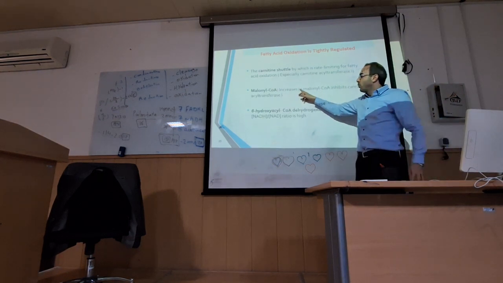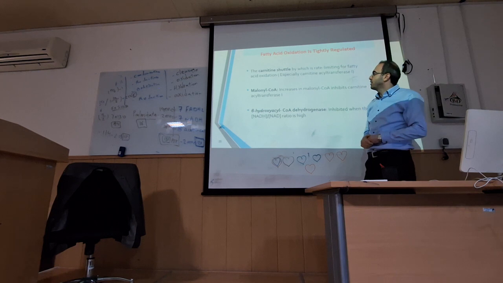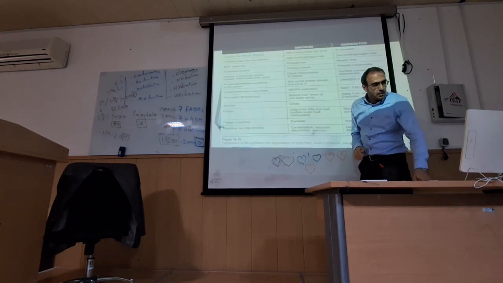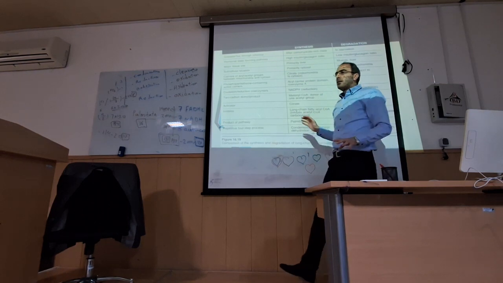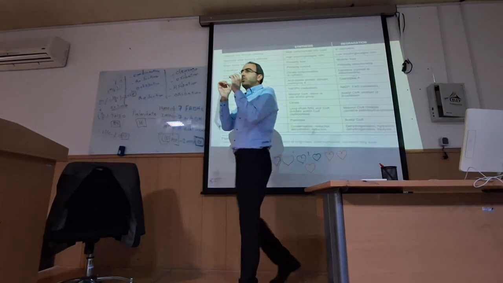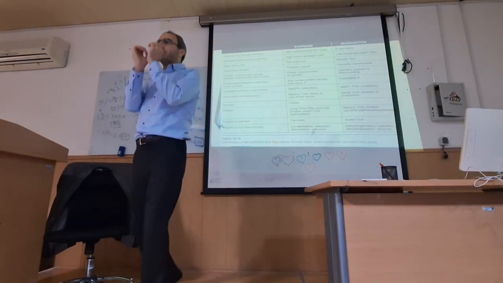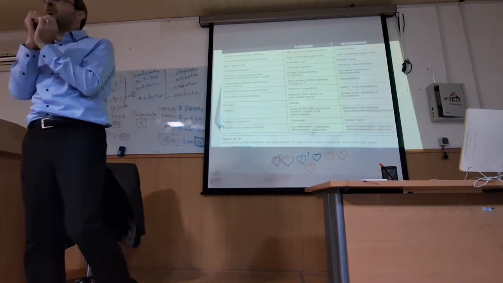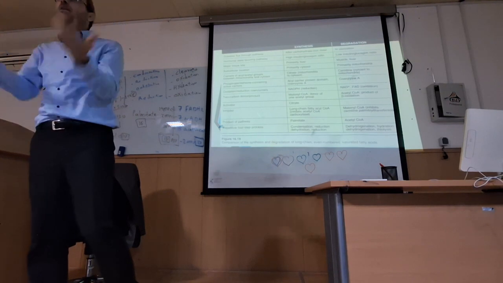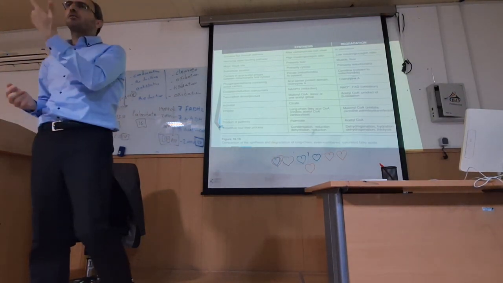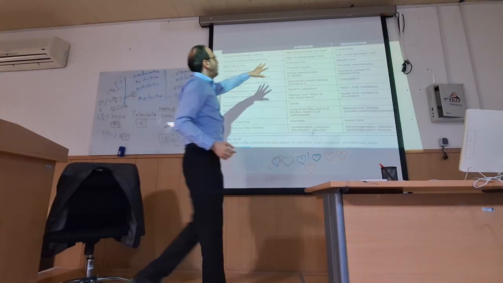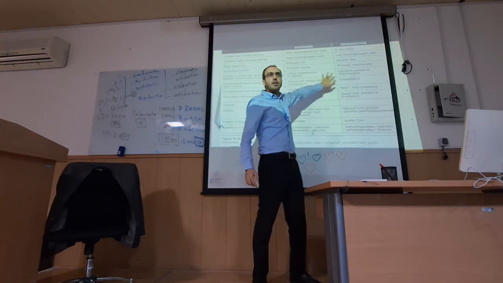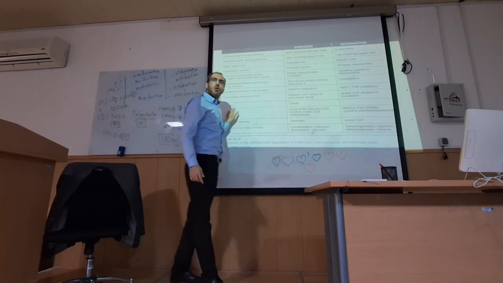So, malonyl CoA was the inhibitor of CPT1. This is a very good table for comparing fatty acid synthesis and beta oxidation, all kinds of aspects in one step. If you look at that, we have synthesis, degradation: fatty acid synthesis, beta oxidation. You should know all these points.